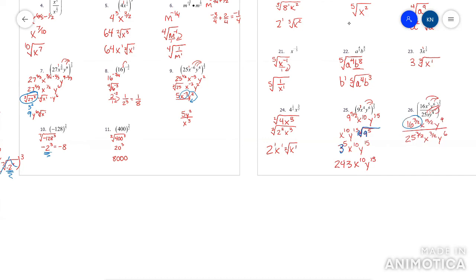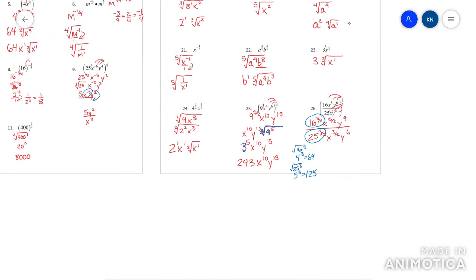All right. Now there's a couple things I'd probably do here. I would get these values because it's really like the square root of 16 cubed. Well, the square root of 16 is 4, so it's really like 4 cubed, which is 64. And then same thing with the 25 to the 3 halves. It's like the square root of 25 cubed. Well, the square root of 25 is 5, so it's really like 5 cubed, which is 125.